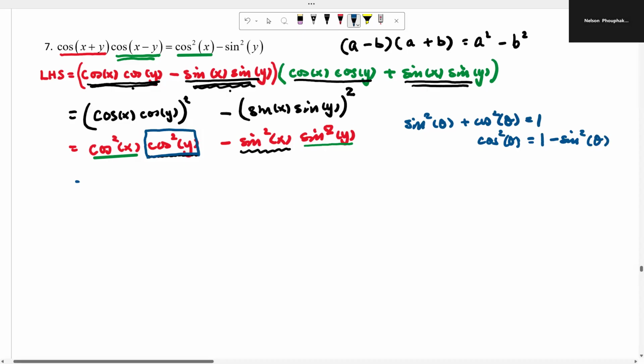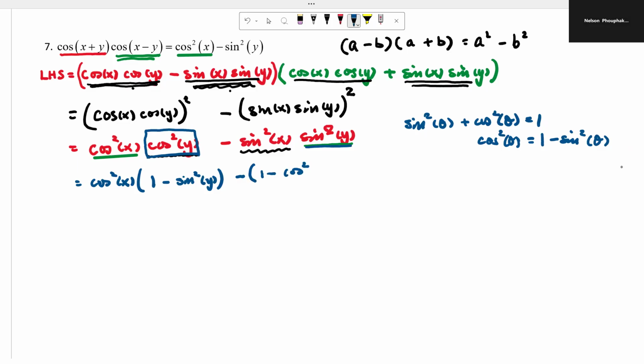Okay. Cosine squared x multiplied by 1 minus sine squared y. And minus. We would like to keep sine squared y, so I'm going to modify this. So it will be 1 minus cosine squared x, times sine squared y. Okay.